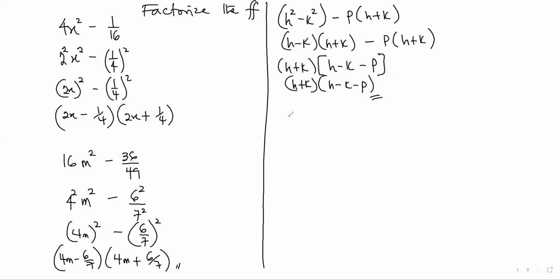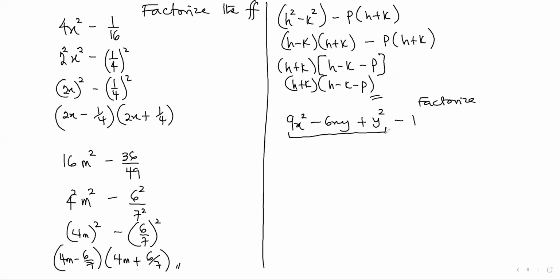Then to factorize 9x squared minus 6xy plus y squared minus 1, we have to factorize this. So once again, we can solve from here all the way to this. But this one can be expressed as 1 squared.